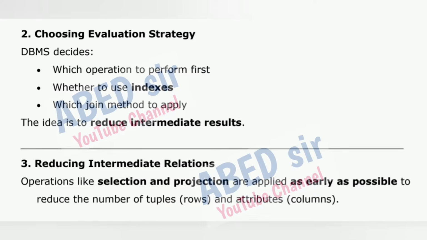DBMS decides which operation to perform first, whether to use indexes, which join method to apply. The idea is to reduce intermediate results. 3. Reducing intermediate relations. Operations like selection and projection are applied as early as possible to reduce the number of tuples, rows, and attributes, columns.